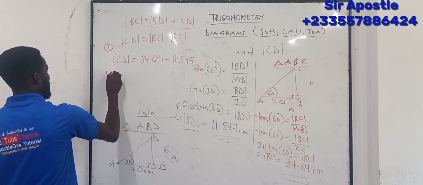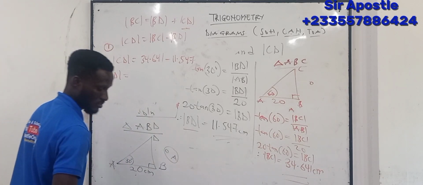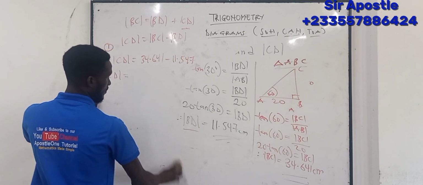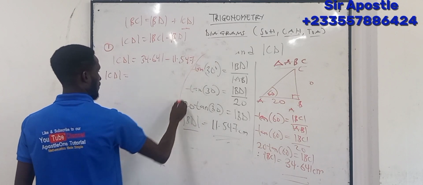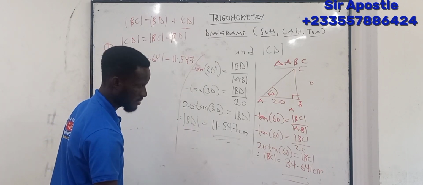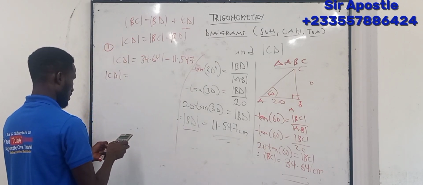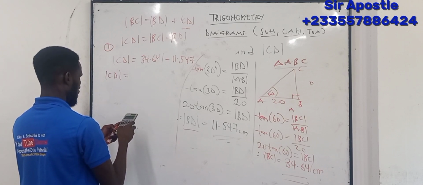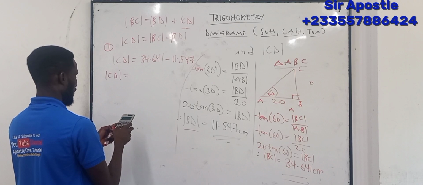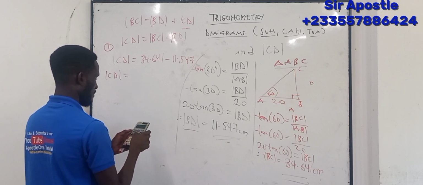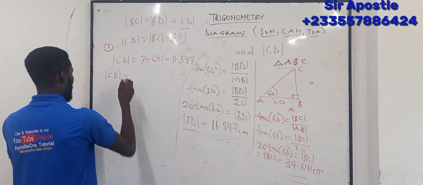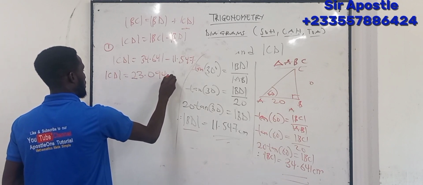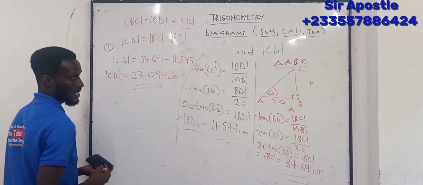So our CD will be equal to, then we subtract 34.641 minus 11.547. 23.094 centimeters. That is our CD.